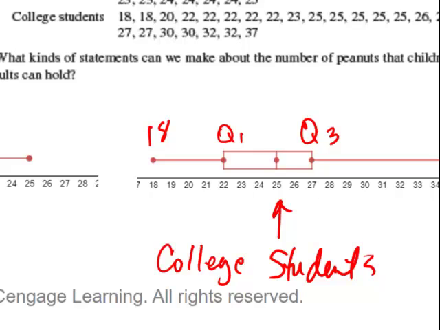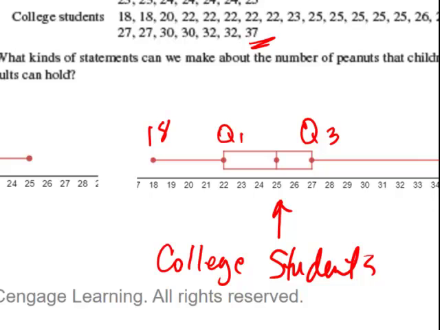Notice that I have a big range, and it looks like we have some college students that can really grab a bunch of peanuts. So what kind of statements can we make? We can make statements about how the spread of data for the college students is very large, and it goes over that entire 18 to 37, so that's a spread of almost 20.